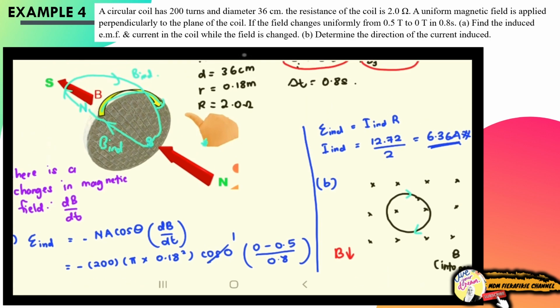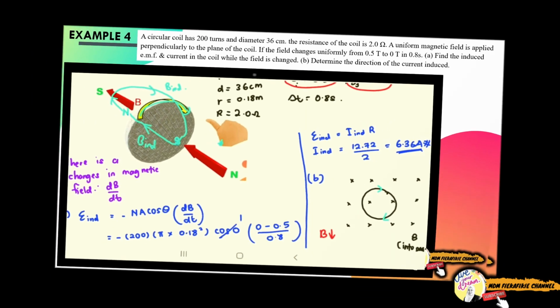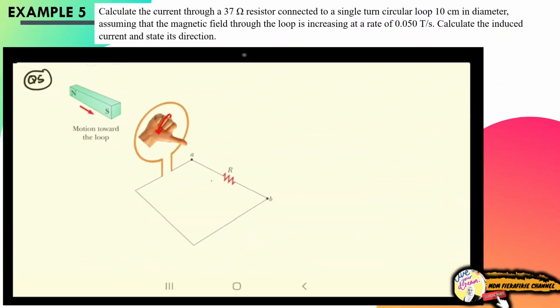Okay, so let's proceed to question number 5. Look at here, we need to calculate the current through a resistor. So here we have the resistor R, where the resistor here is 37 ohm.